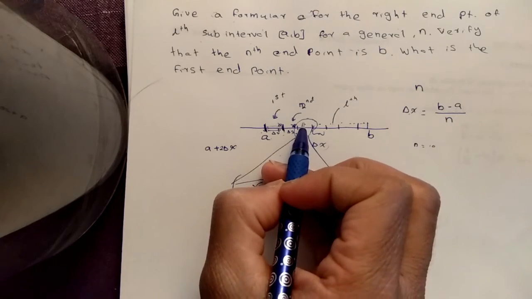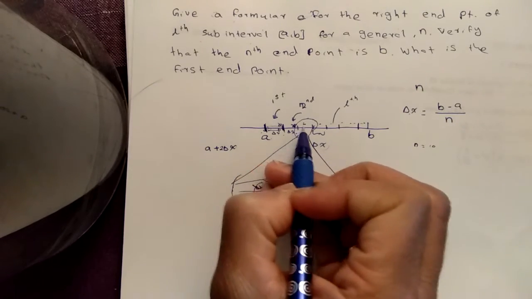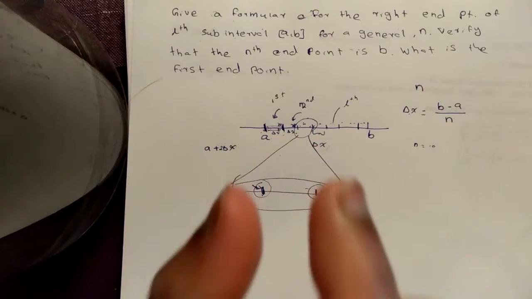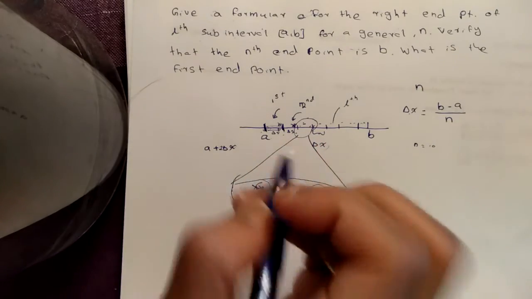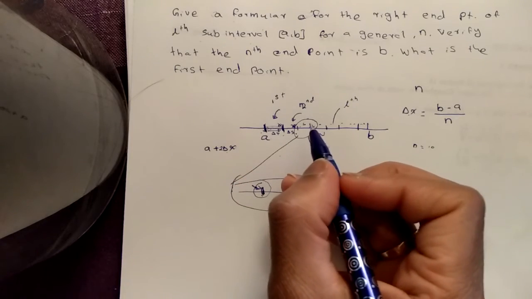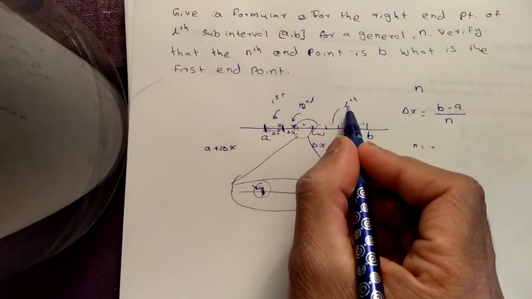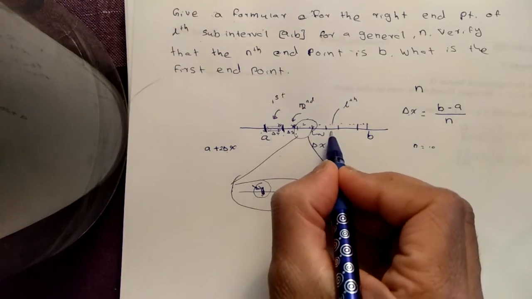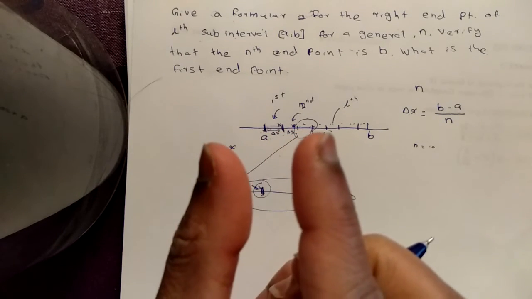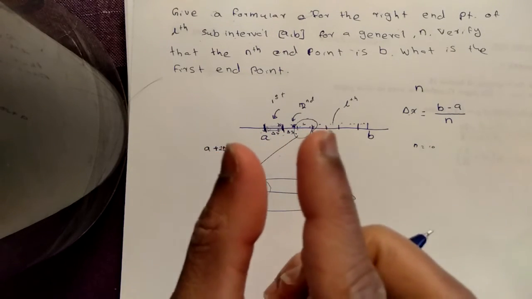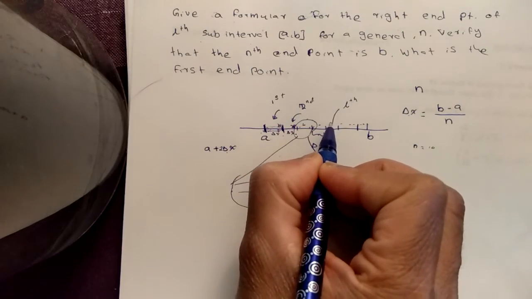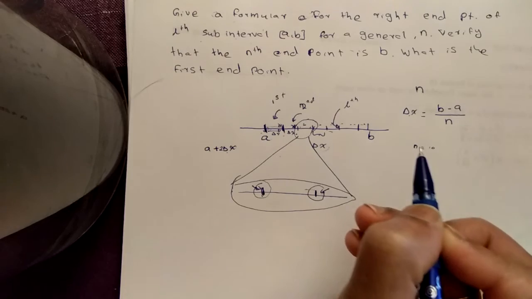How about the third one? We should travel 3 subinterval distances, in other words, 3 delta x's. In the same sense, how about the ith subinterval? We have to travel I number of delta x distances in order to reach this point.